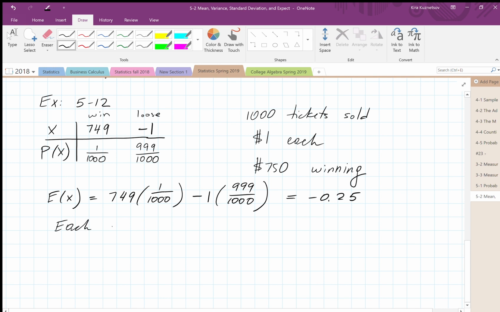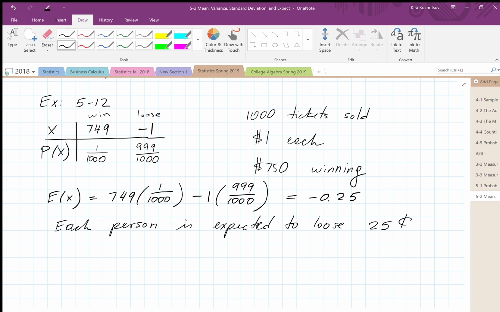Each person is expected to lose 25 cents. Now, it doesn't actually mean that everybody pitches in a quarter. It means on average, a person who's conducting this game, for him, it doesn't matter who wins the television set.